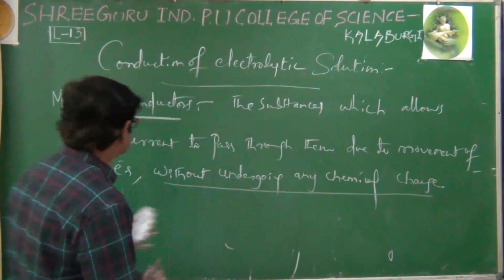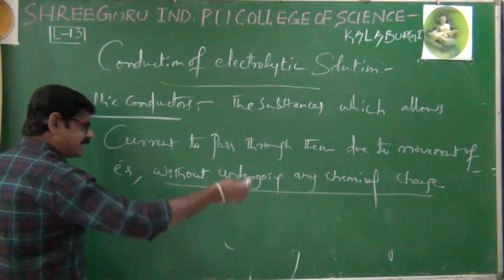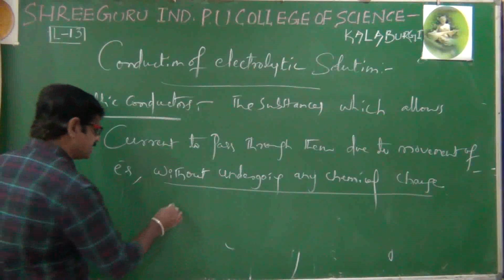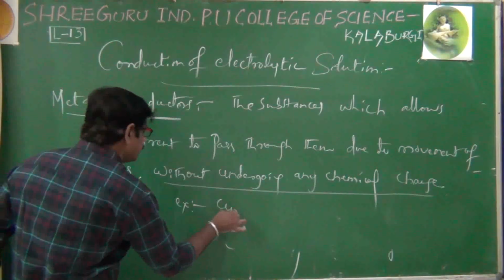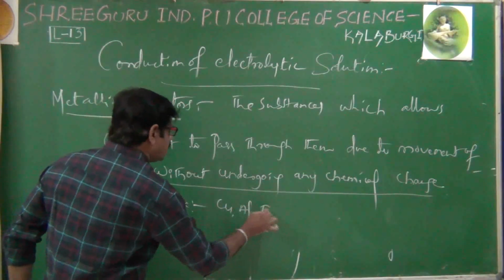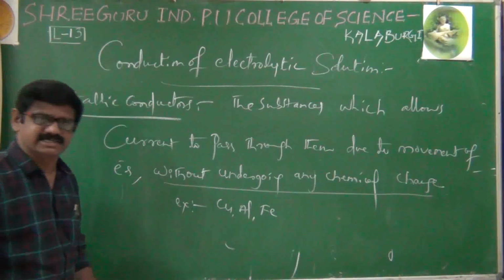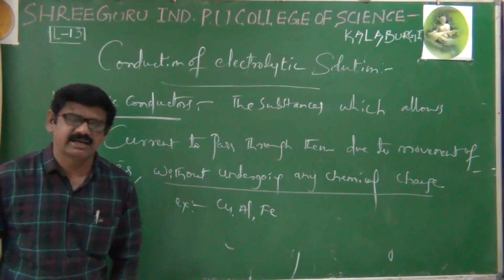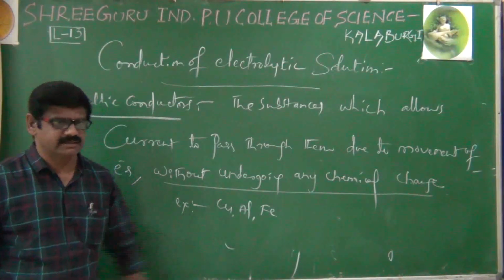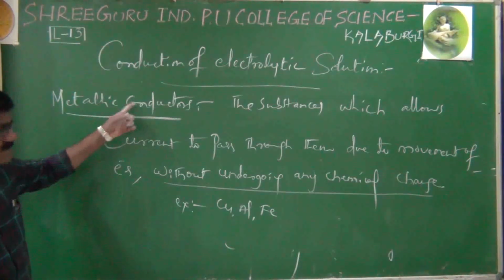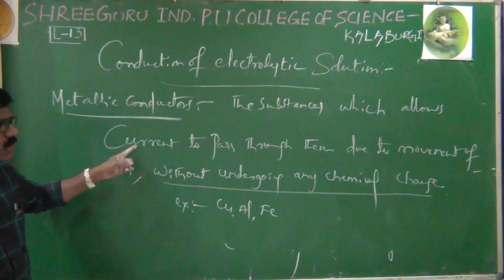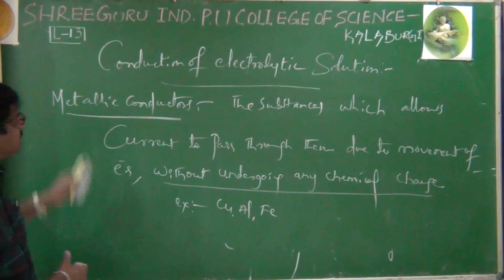Examples of metallic conductors are metals like copper, aluminium, iron, zinc, etc. All are metallic conductors only. Right. Now, after completion of metallic conductors, we will go to electrolytic conductors.